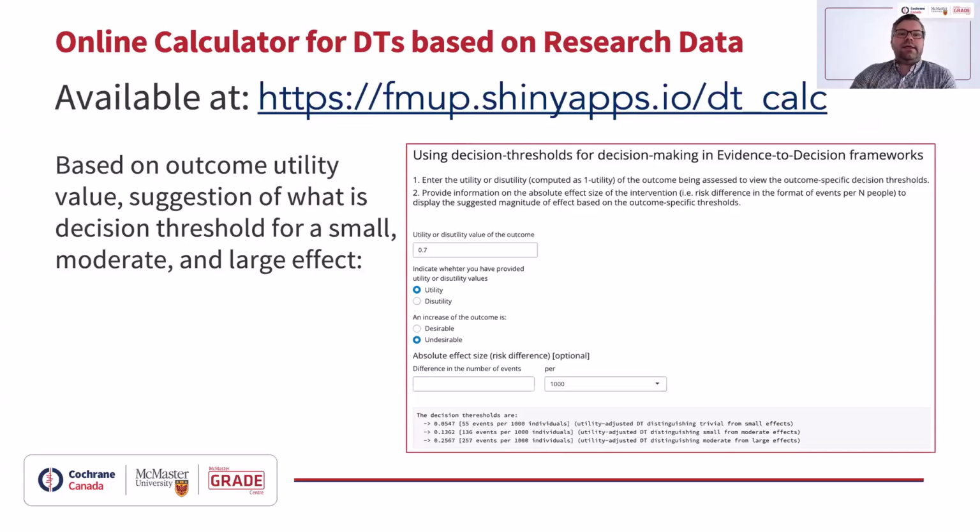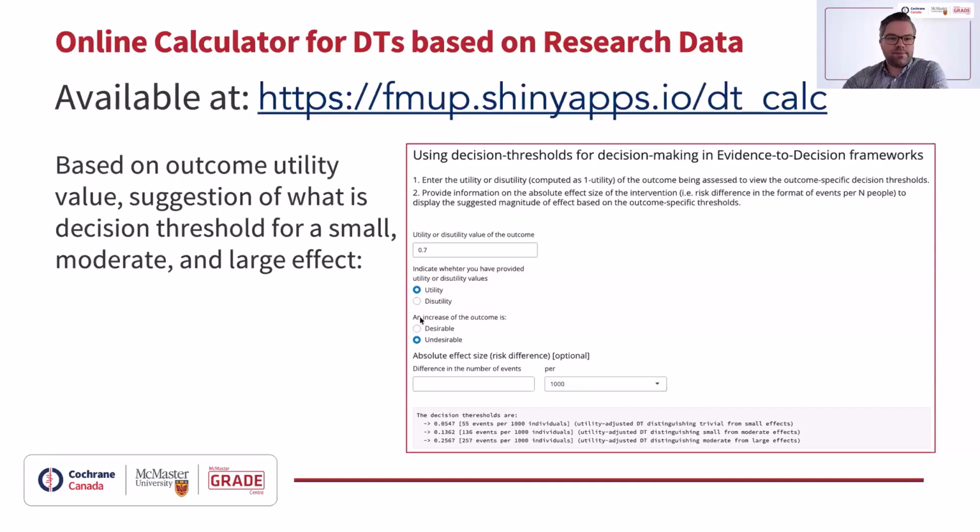So here at this link, and I'll show it briefly on the browser as well, you are able to enter an outcome utility value, which provides then, based on the calculation against those generic coefficients derived from the GRADE threshold study, the decision thresholds for what would be considered a small, moderate, and large effect.